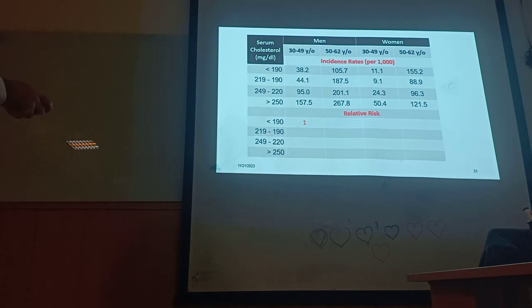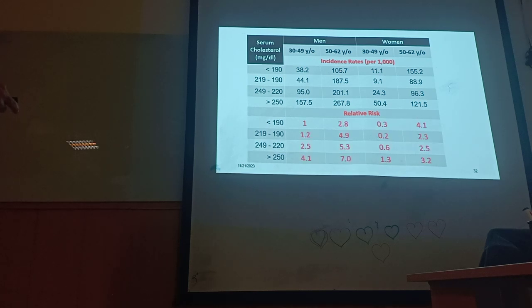So we choose men who are 30 to 50 years old and have a cholesterol level lower than 190 as the baseline, and divide other incidences by this incidence. So if we want to know other risks, for example in this group, we can divide 105 by 38, and the relative risk is 2.8.